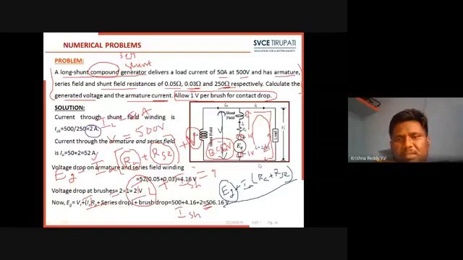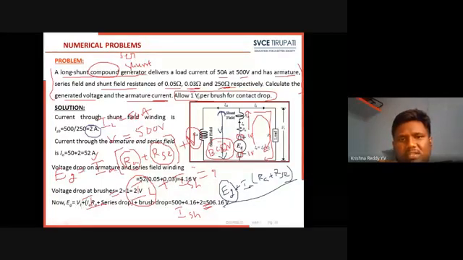Finally, by applying KVL to this loop, the induced EMF equation is EG equals V plus the voltage drop across the armature resistance and series field winding, plus the brush contact drop. We get the induced EMF as 506.16 volts.